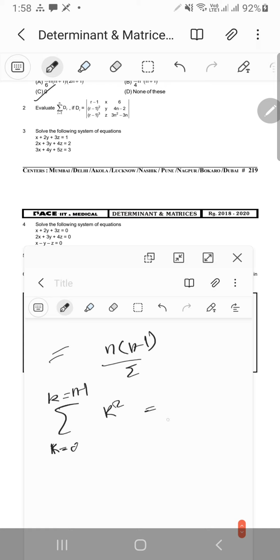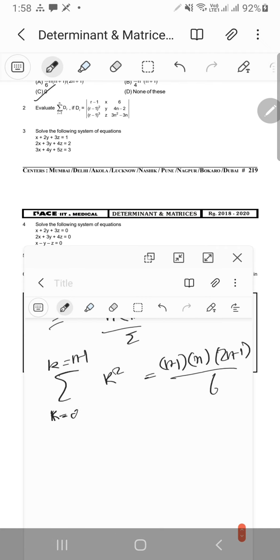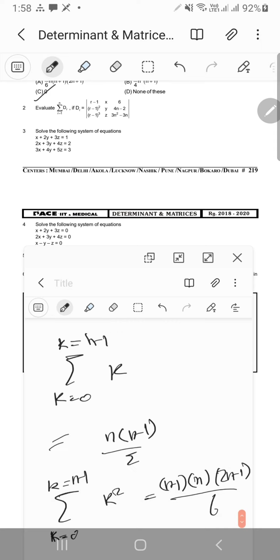So that will be n minus 1 into n into 2n minus 1 upon 6. Cool. And yeah, anything else over there?